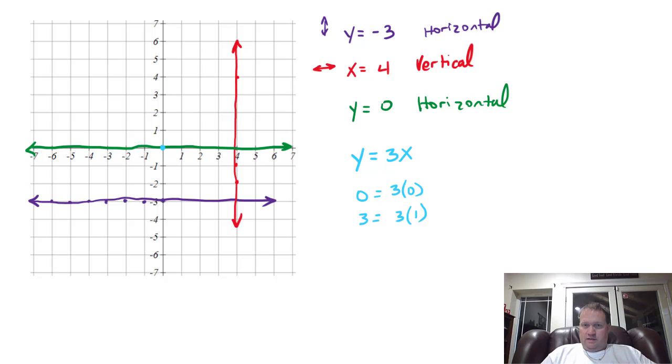Because 3 times 1 is 3. And so if x is 1, y is 3. And we end up with this line that looks like this. That's actually pretty decent. So this one is not horizontal or vertical. It has a slope, but it does pass through the origin.